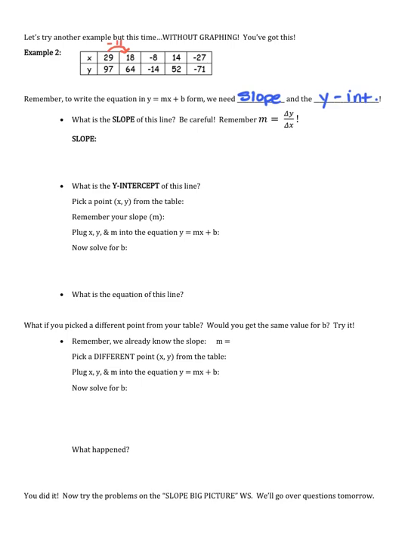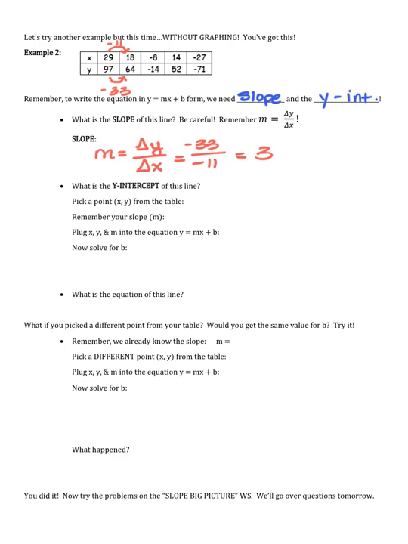If I look at the jump in the y's from 97 to 64, that is a jump of 33 units, and we're decreasing, so -33. That means the slope of this line is change in y over change in x, which is -33 over -11, or a +3.